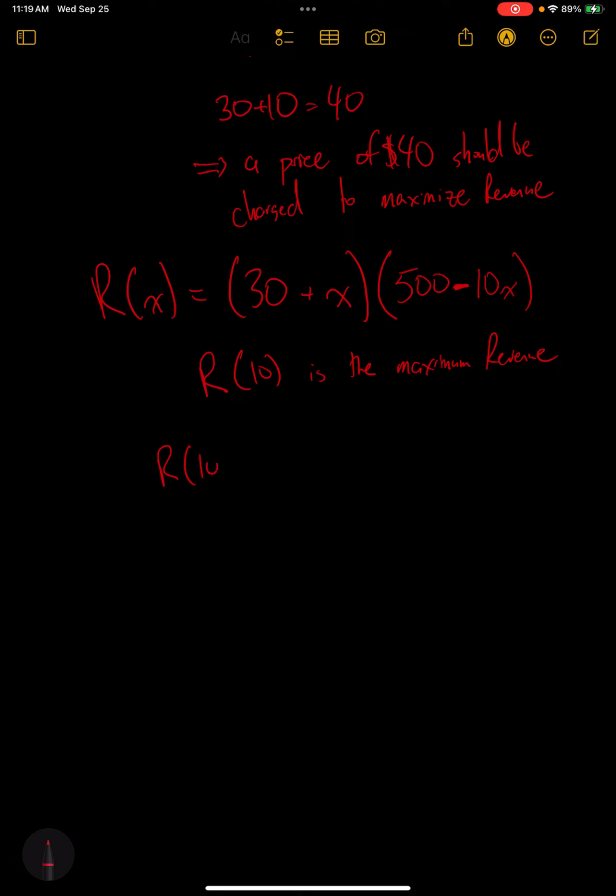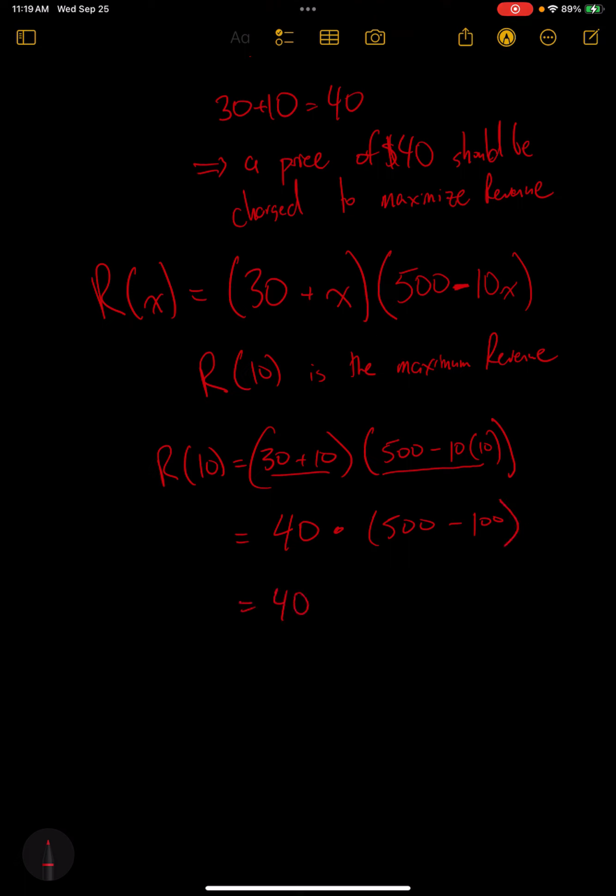So R at 10 equals 30 plus 10 times 500 minus 10 times 10, which is equal to 40 times 500 minus 100.